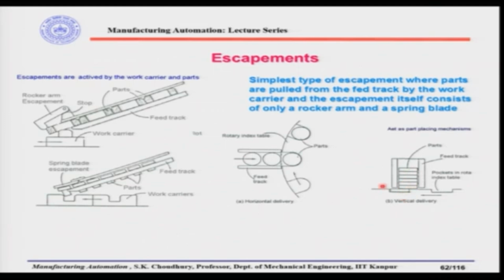Now, these are the simplest type of escapements, and in both the cases what is happening is that escapements are being activated by the parts and the work carrier. But actual escapements are those which will activate the parts to come to the work carrier, not the other way around, not that the escapements are activated, but the escapements will activate the parts to come to the work carrier whenever it is required. Let us see some of those examples.